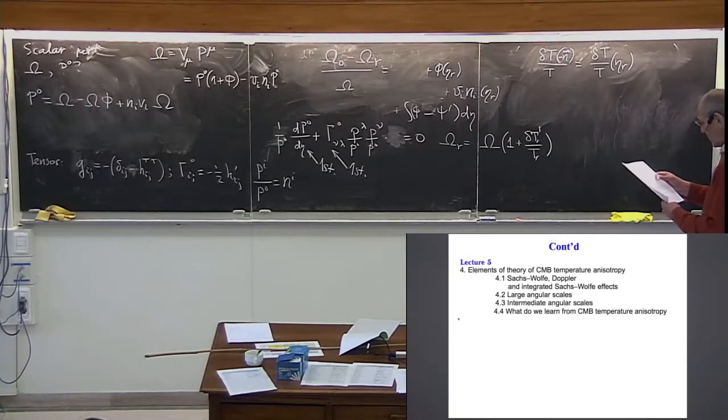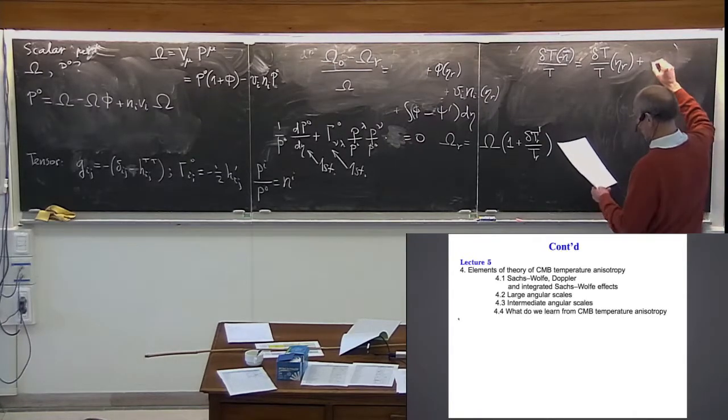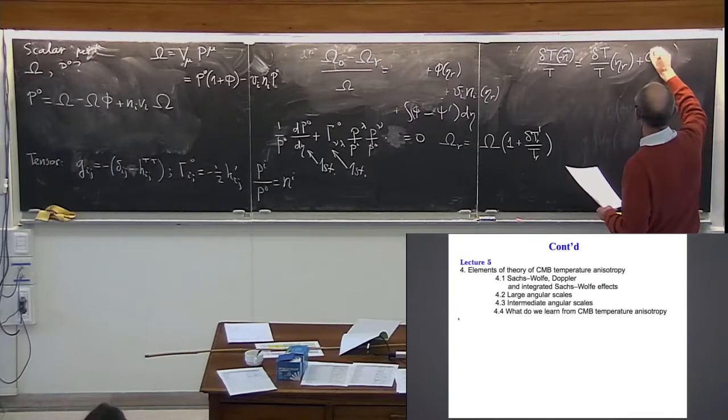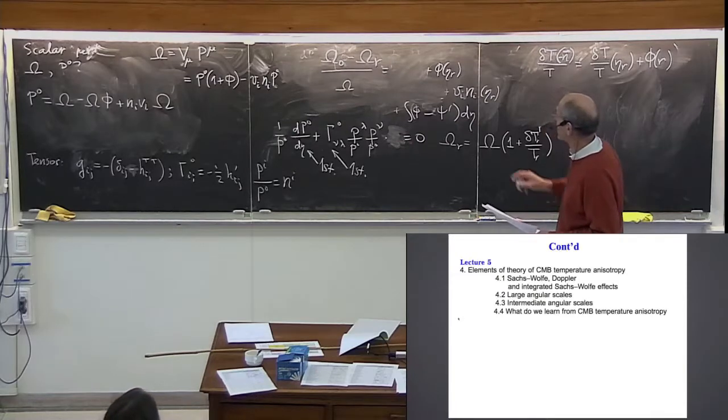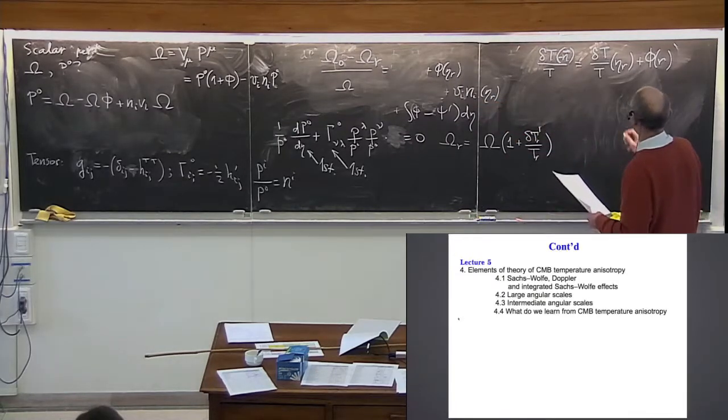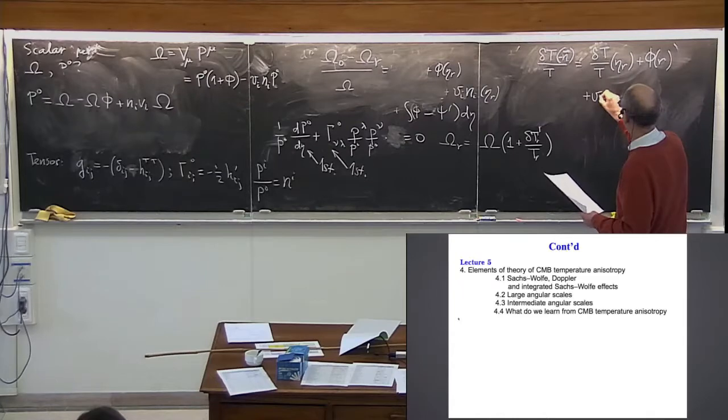Right, that's one thing. Another is that I have phi at recombination. That's here. Then I have v_i n_i at recombination. It's here.